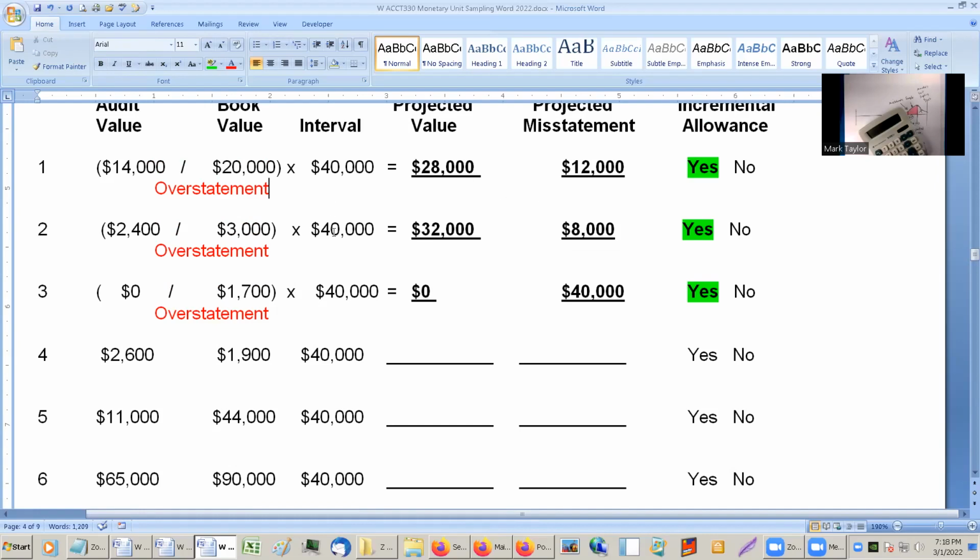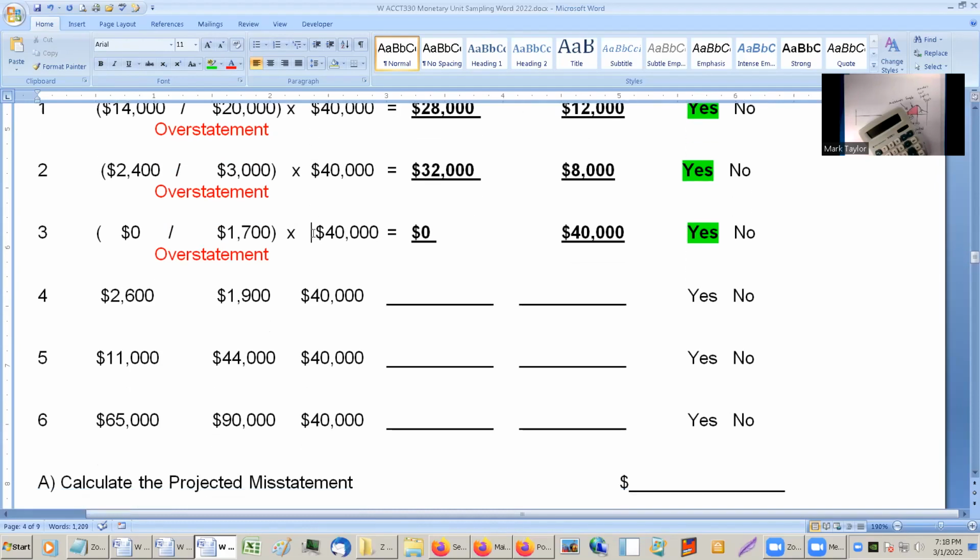Okay, so these first three are straightforward, run-of-the-mill, normal, like we've been doing before.